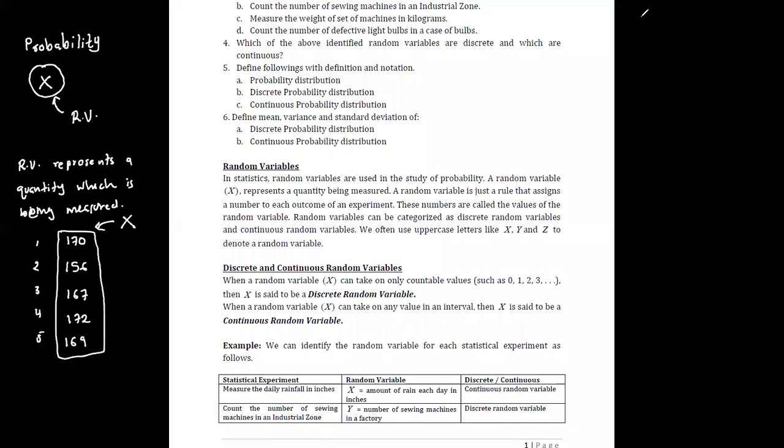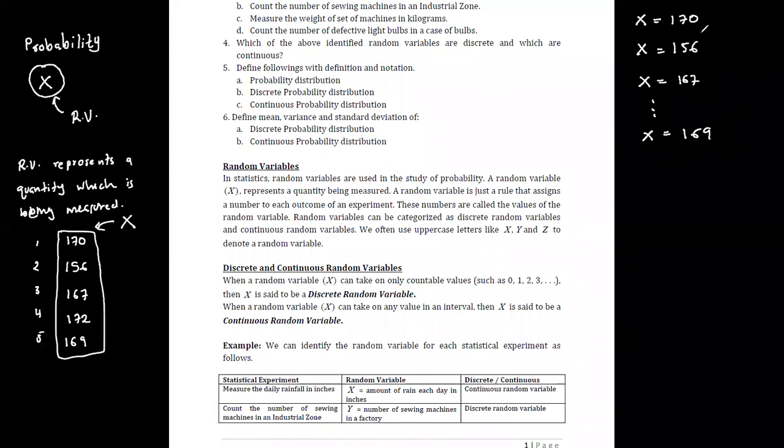Therefore, for the first student, the value of x is equal to 170. For the second student, x would be 156. For the next student, x will be 167. Likewise, for the last student, x will be equal to 169.